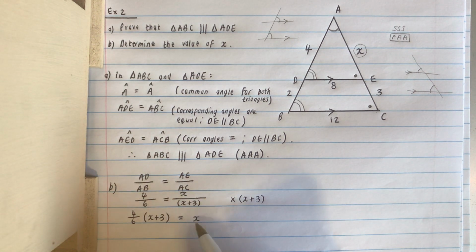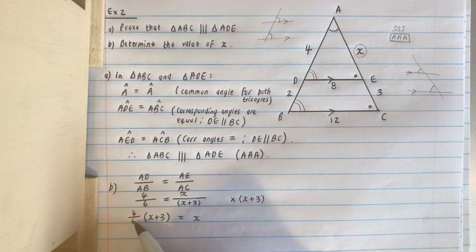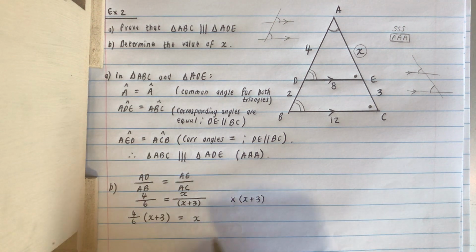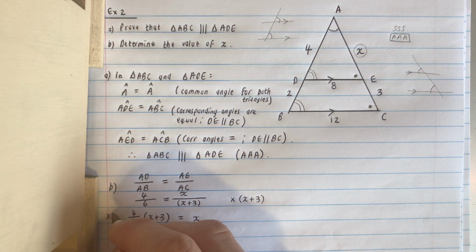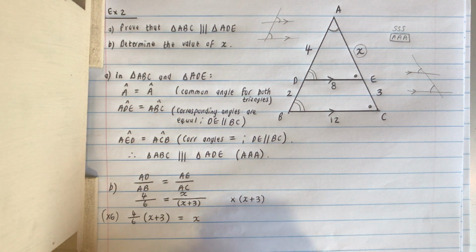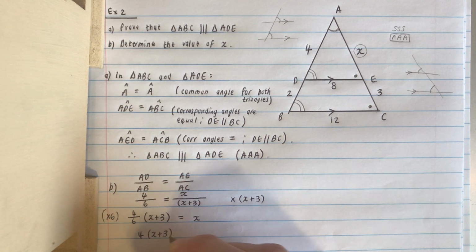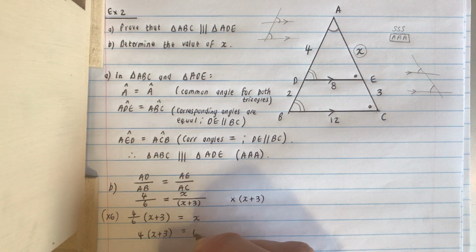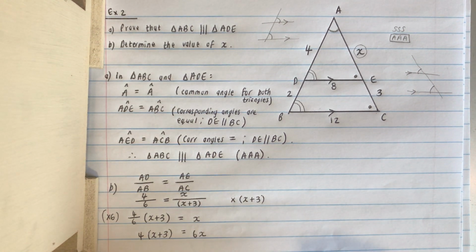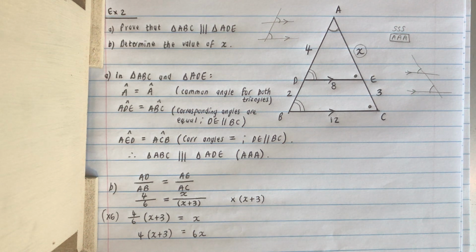On the right side, we are left with x. On the left side, we have 4 over 6 multiplied with x plus 3 in brackets. But now we still have the 6 here. To get rid of the 6, we have to multiply with 6, and we have to multiply with the 6 on the right side as well. I'm just going to move the camera slightly down.